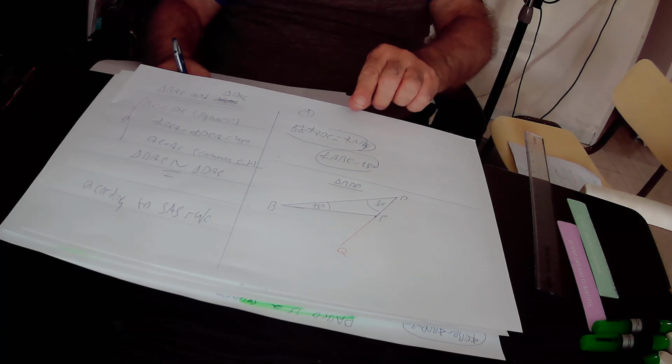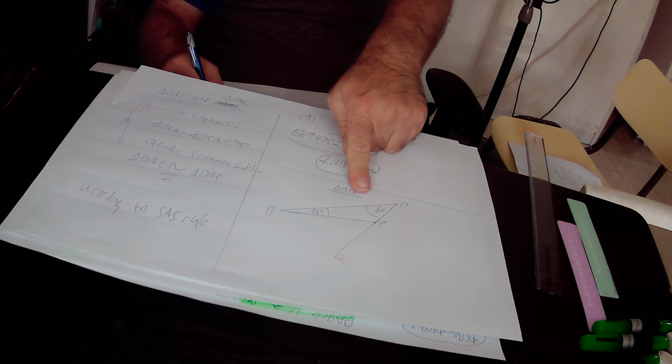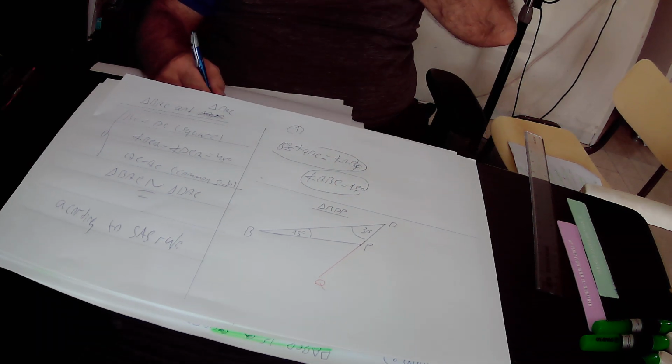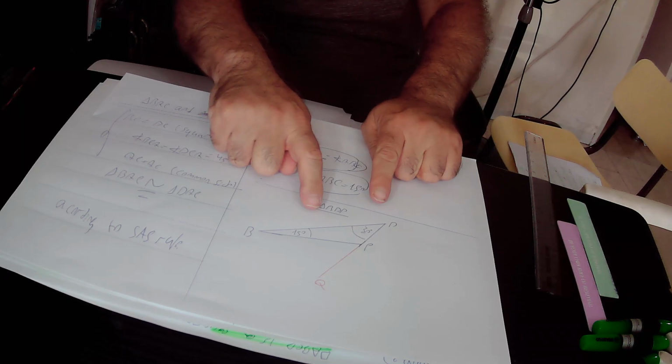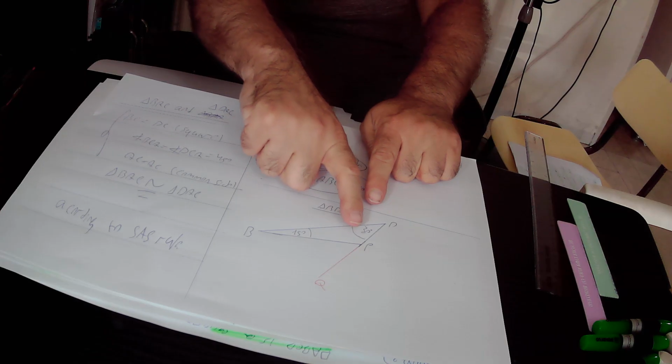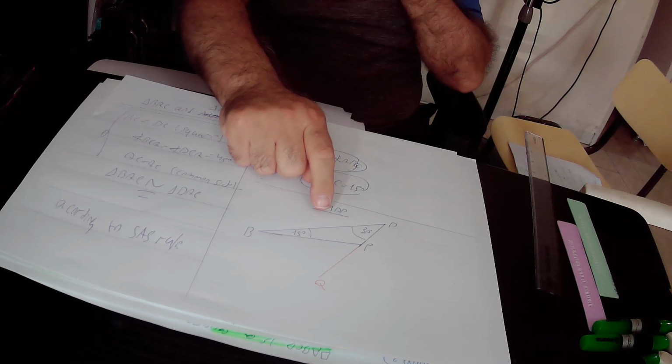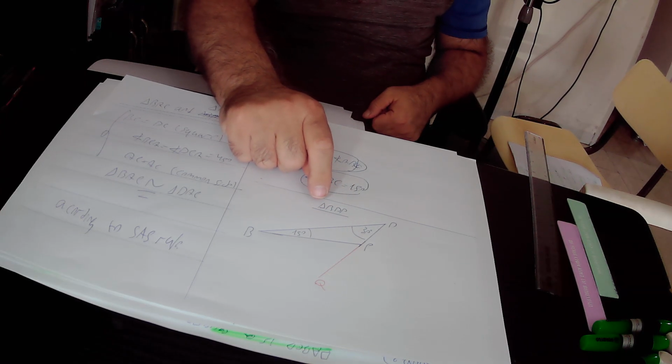This is triangle BDP, with the point from the original drawing. Those two angles, 15 degrees and 30 degrees, and this missing angle are now all defined as angles.